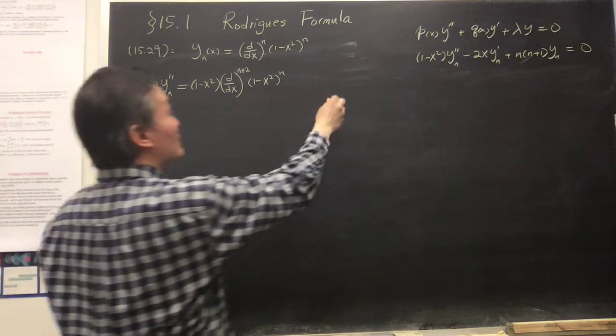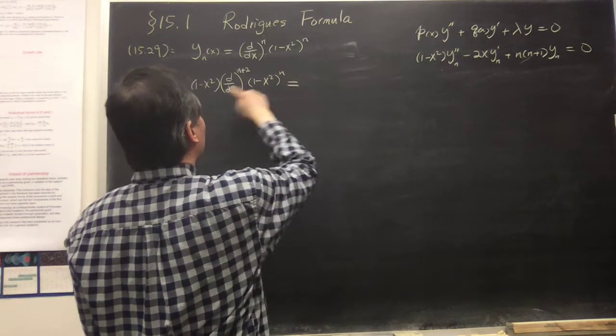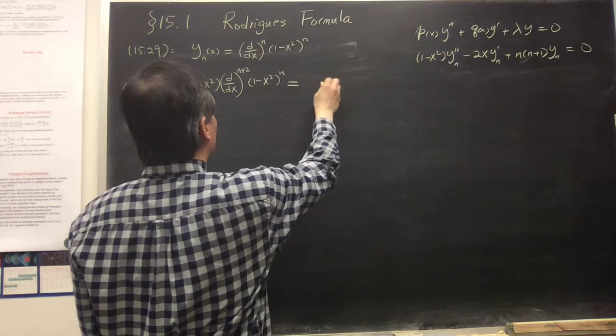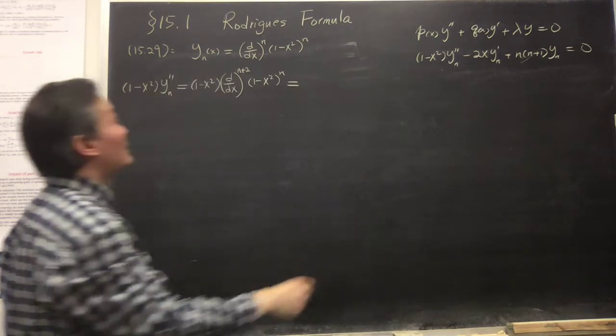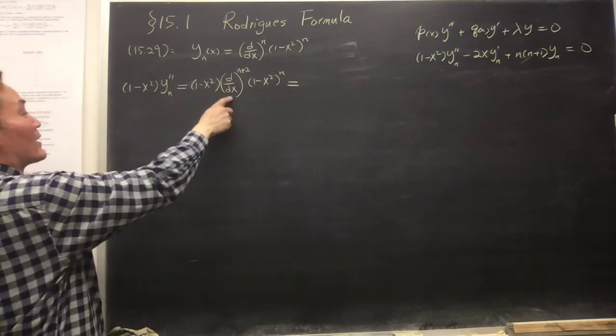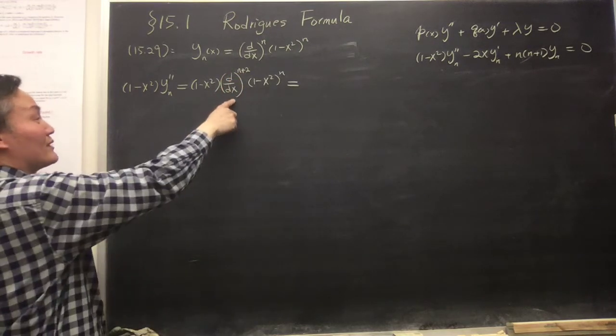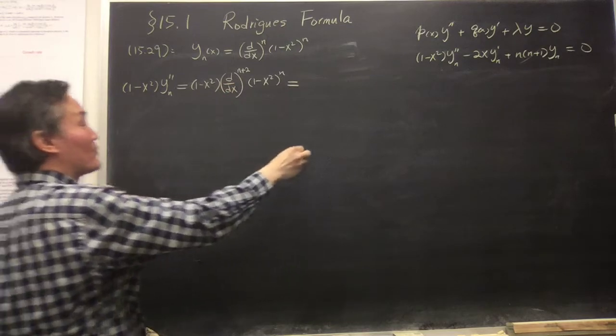So we'll get one of the derivatives out in front of the whole factor. Actually, we want to get the n+1 out of the factor, not just 1, so d/dx to the n+1 power comes out.